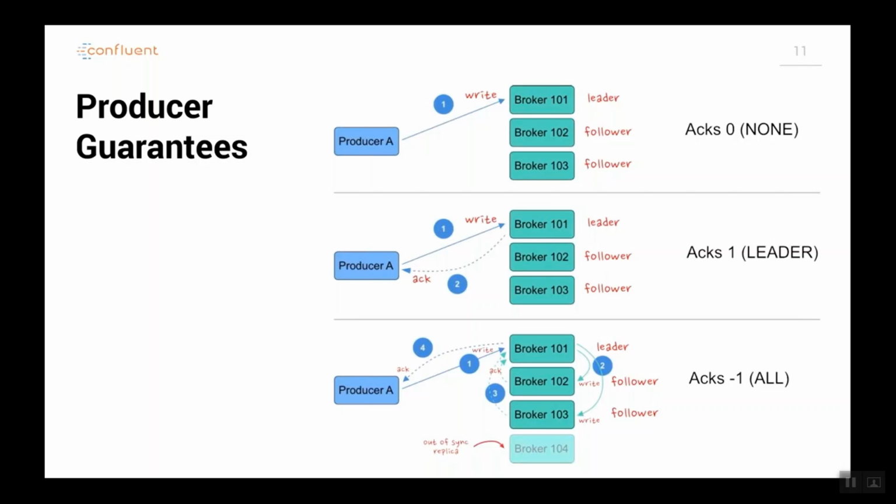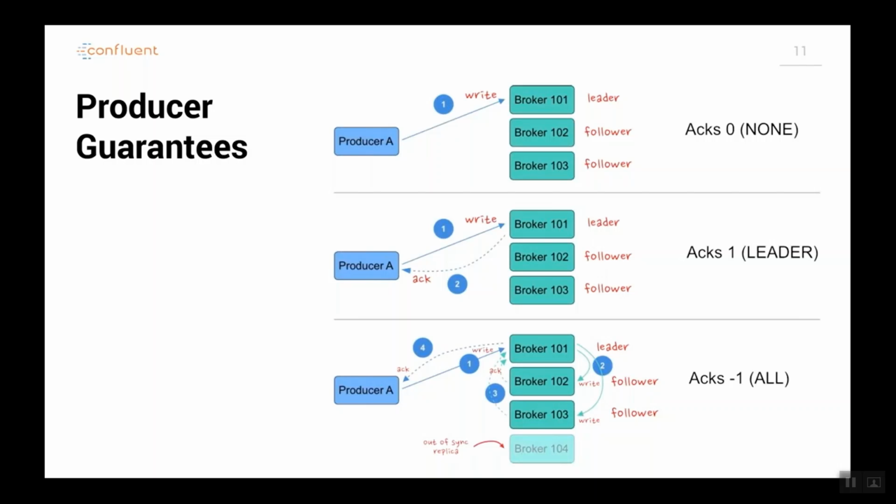And then finally, acks=all, or -1, is where the producer will actually wait for the message to be committed in the Kafka cluster, which means received by the leader and all the in-sync replicas for that particular partition before returning acknowledgement.